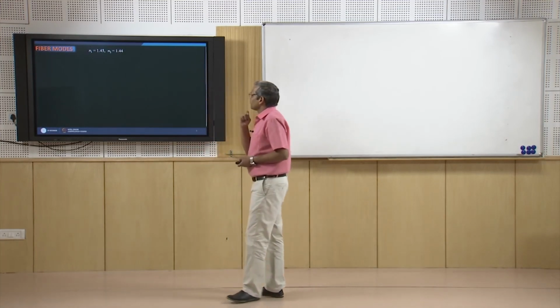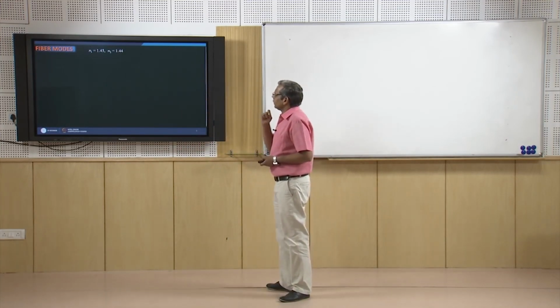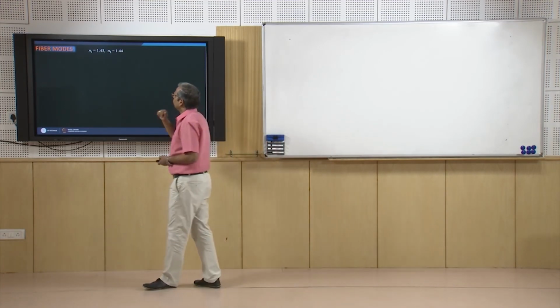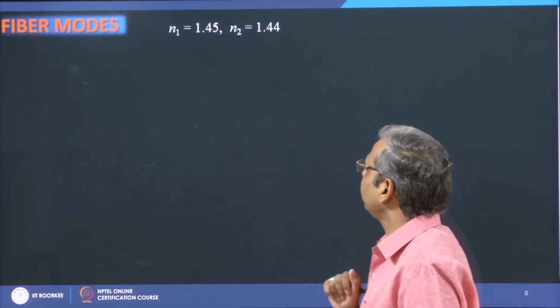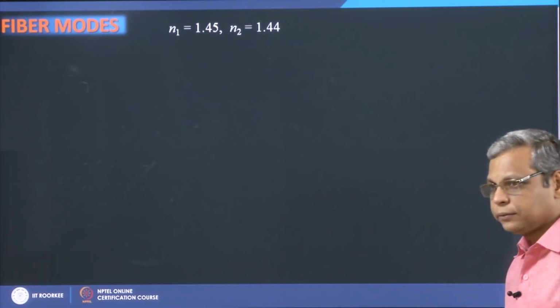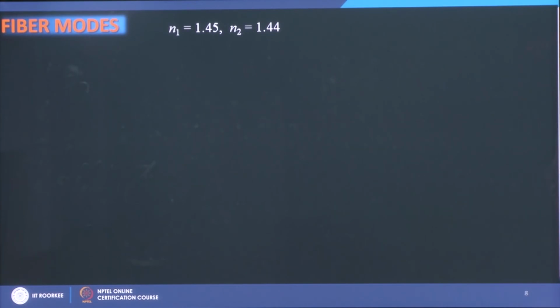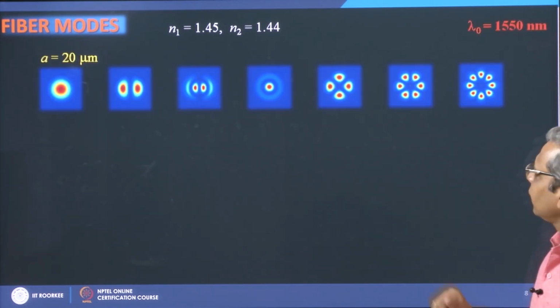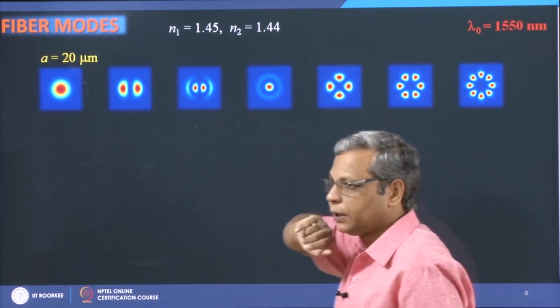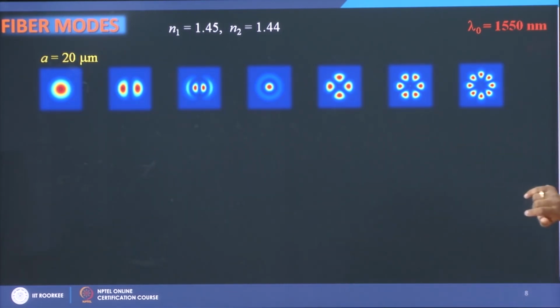Let us now see, if I have a fiber with core refractive index 1.45, cladding refractive index 1.44, and I make a fiber of core radius 20 micrometer and find out the modes of the fiber at 1550 nanometer wavelength.